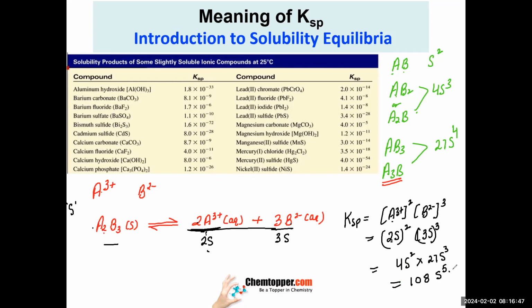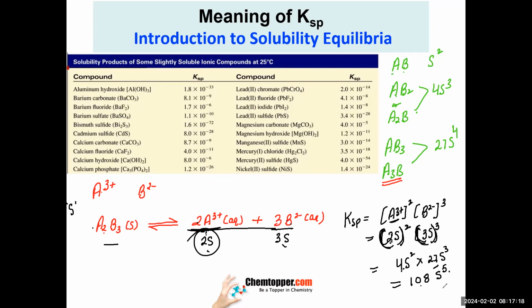Just place the A3 plus concentration as 2s, 2s whole squared. B2 minus as 3s, and take the cube of that, 3s. Means 3 also: 3 times 3 times 3, 27. 2 times 2, 4. 4 times 27, 108.